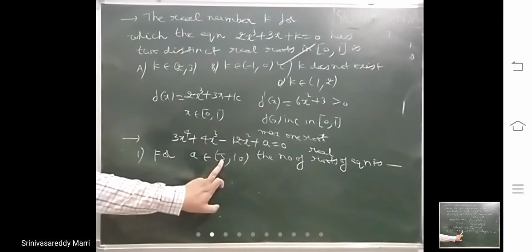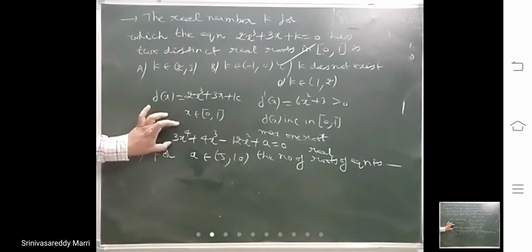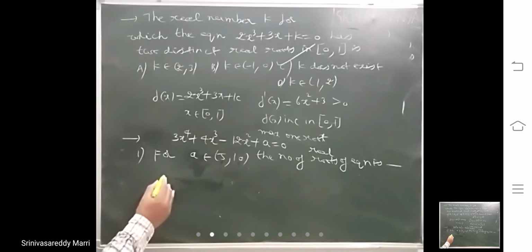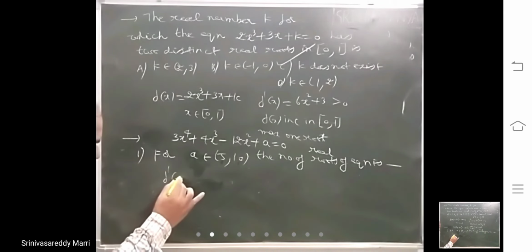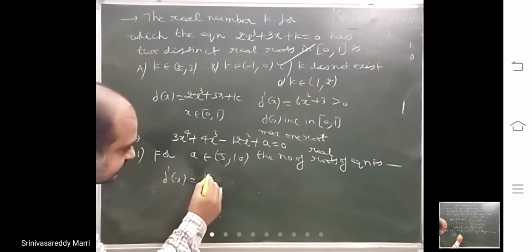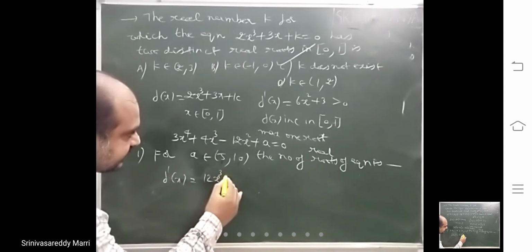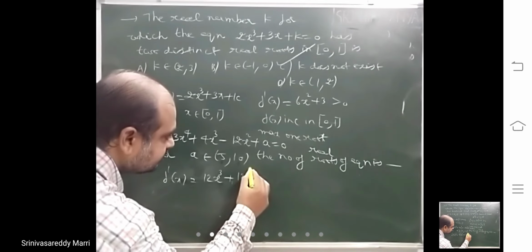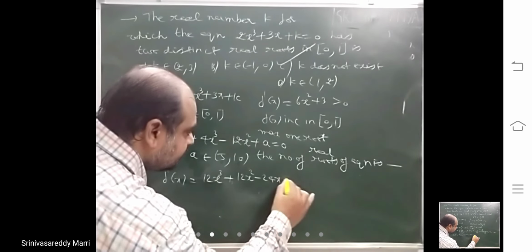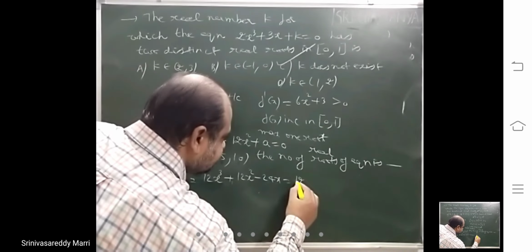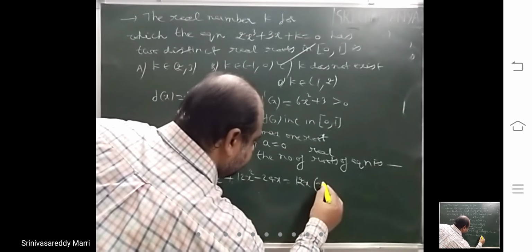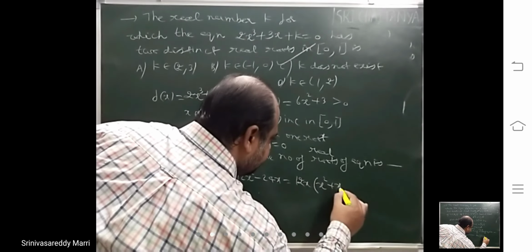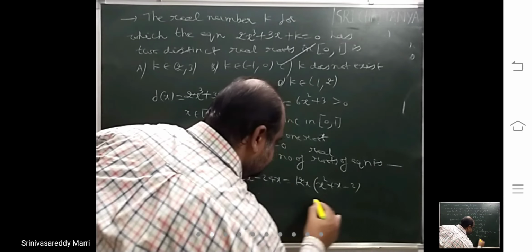That means if a lies in this interval, how the graph will be, how to trace out. So find f dash x. This is 12x cube plus, previously we have done this, factorize. You will get 12x common, x square plus x minus 2.